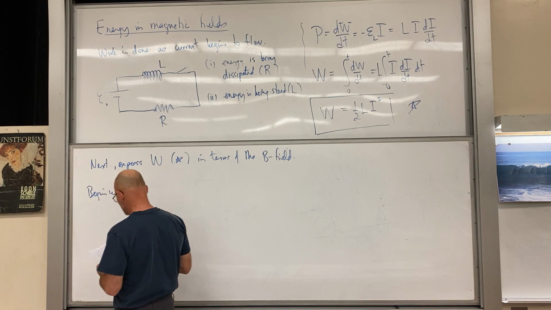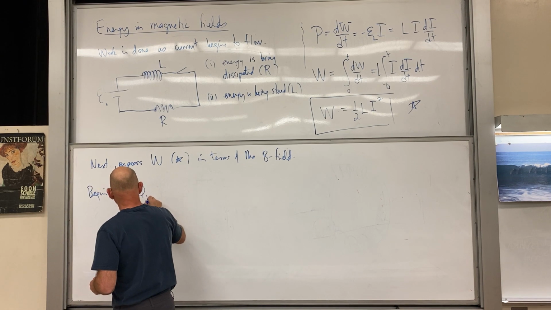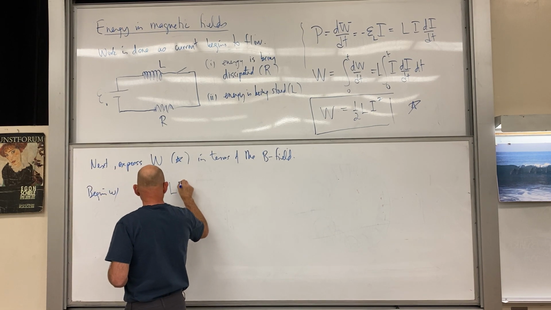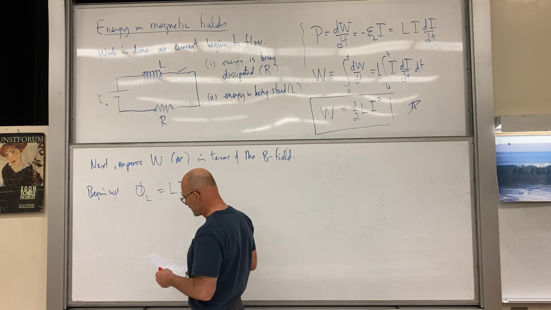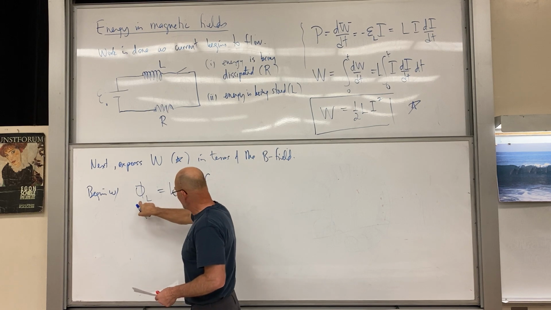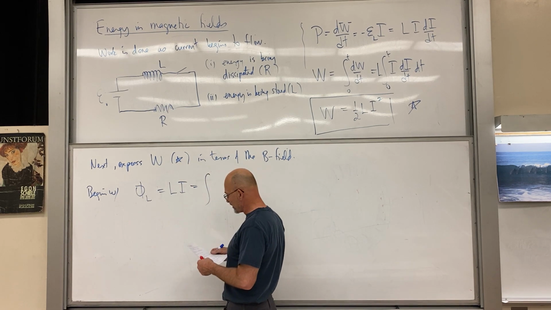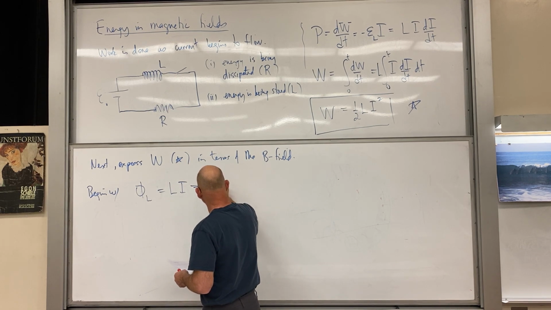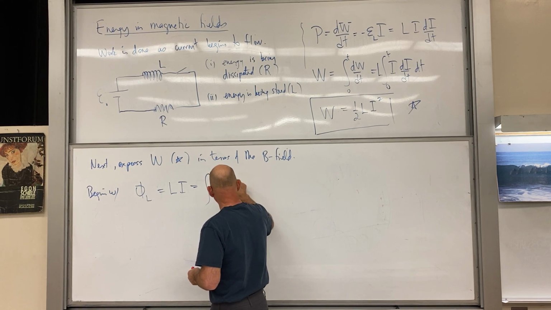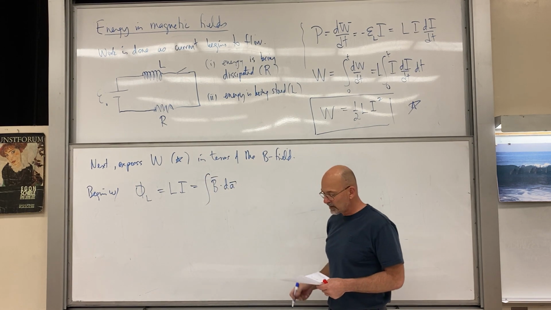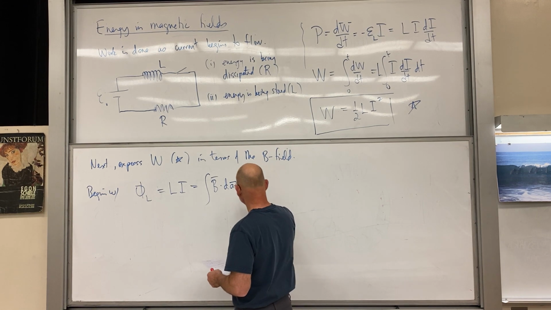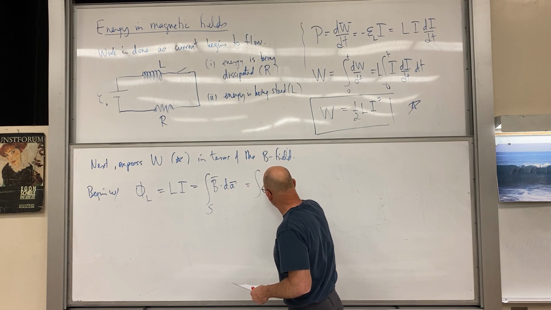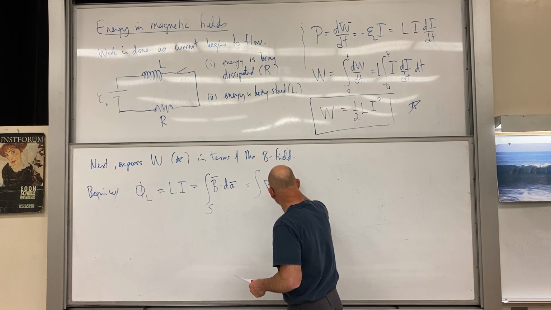the flux, L times I on the one hand. On the other hand, it's just Faraday's law again. B dot dA. I'm using lowercase a for area because there's a lot of other uppercase A's. Surface, and B is the curl of the vector potential.